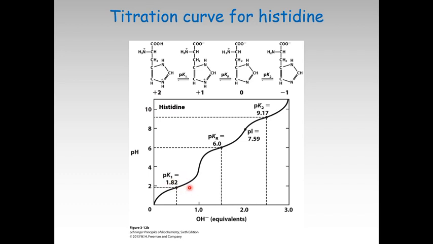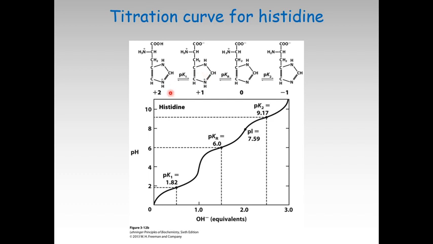Now, as we go, at this point, this group starts losing a proton. As we go up, and again, as we reach another inflection point, right? That point is when this group has completely lost its proton, right?